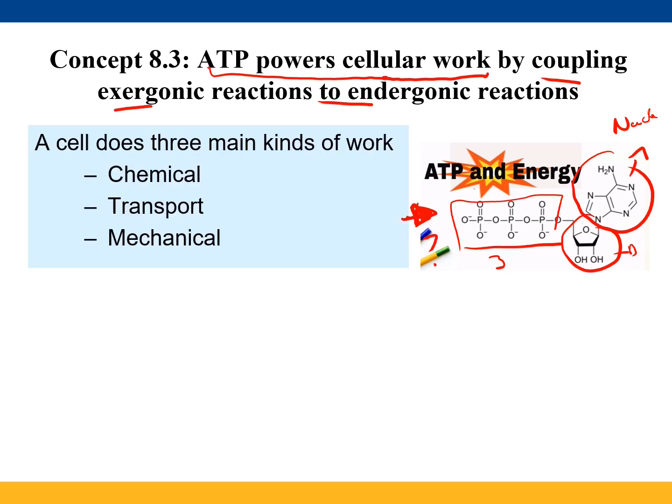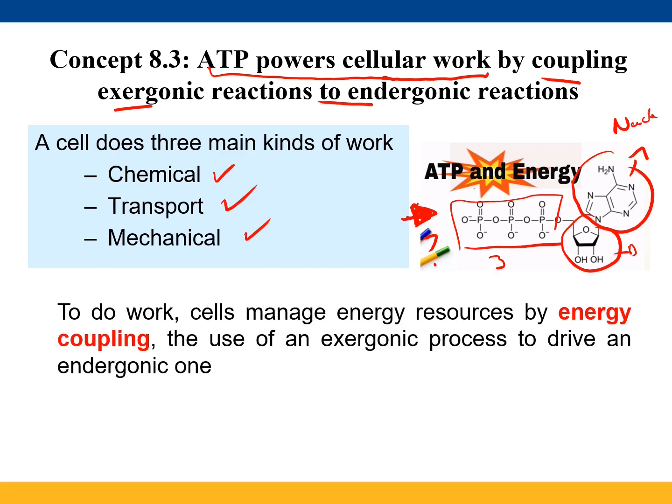But let's go back. The ATP is in charge of doing different types of work. In the case of the cells, they are going to do chemical, transport of molecules, and mechanical work in the cells. And how does it do it? By energy coupling. As I said before, when a chemical reaction is not possible, you need to couple exergonic and endergonic reactions.